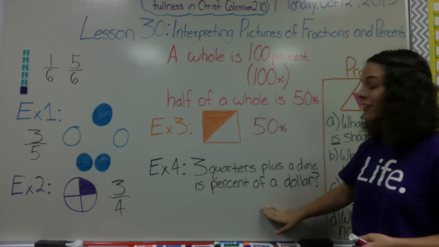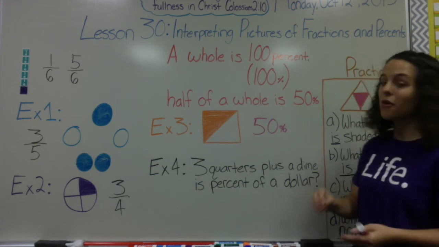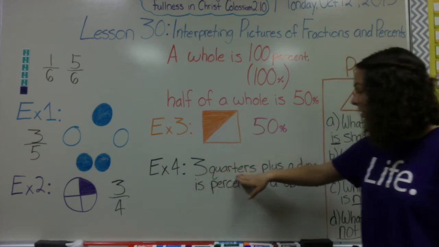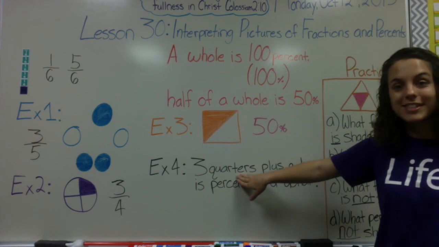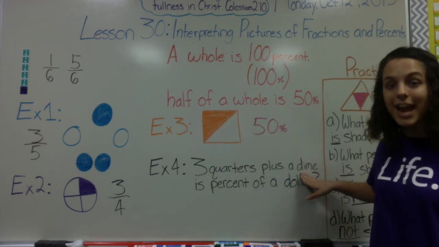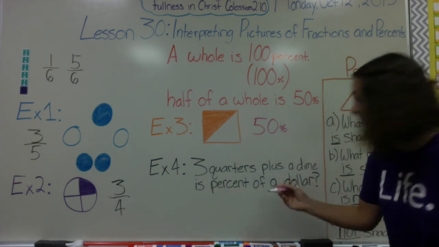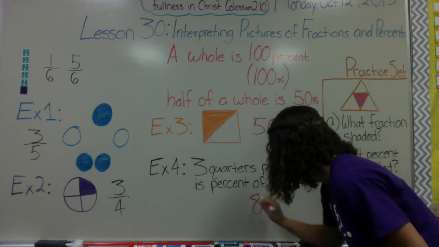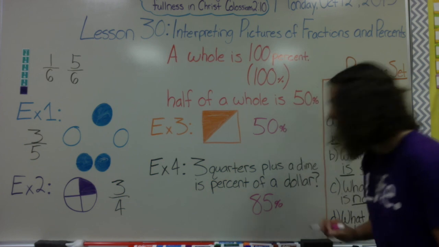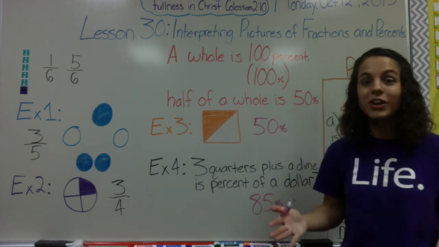So these actually correlate pretty close. They pretty much are going to be your exact same answer. 3/4 of a dollar we know is 75 cents plus a dime. If I have 75 cents plus 10 more cents, that is 85 cents. What percent of a dollar is that? It is indeed 85%, because a whole is 100% and I have 85 cents out of 100 altogether.